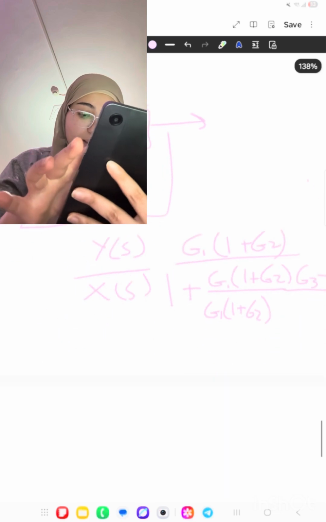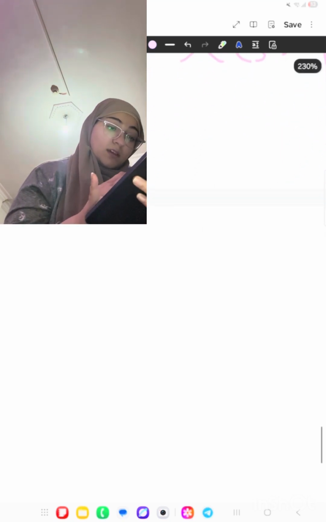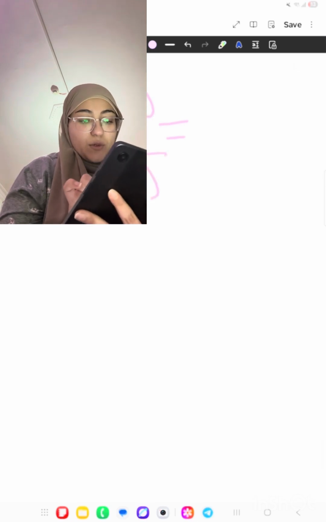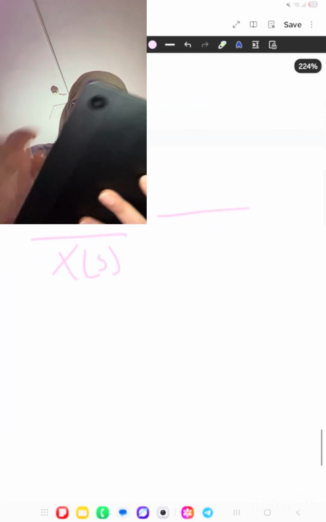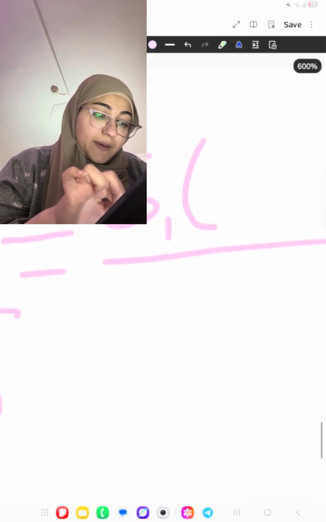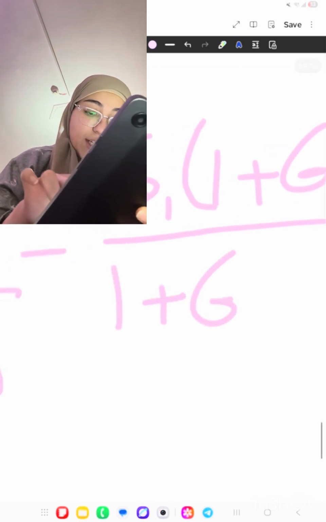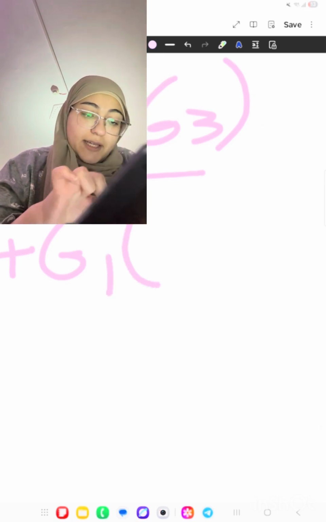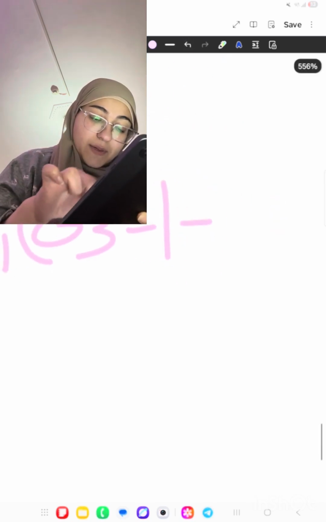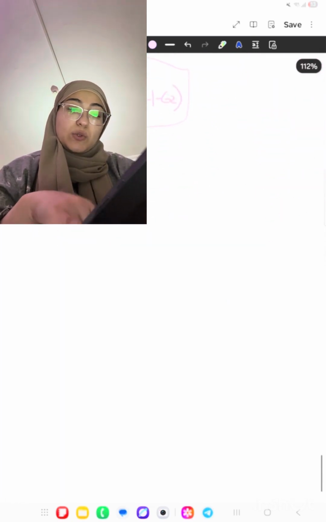This will go with that, and when we do it again, the final transfer function, Y(s) over X(s), will be G1 multiplied by 1 plus G2 over 1 plus G1 multiplied by G3 minus 1 minus G2, and that is the final closed loop transfer function.